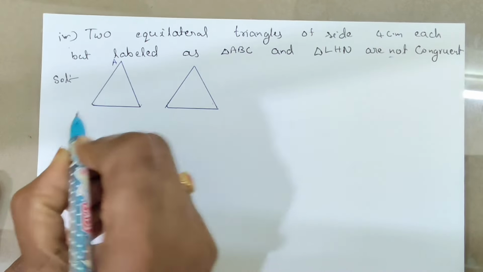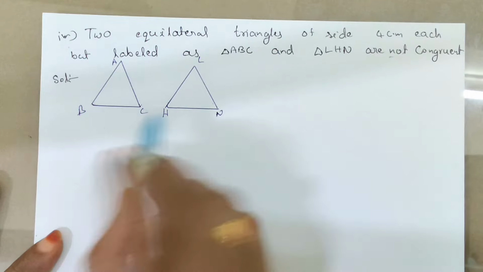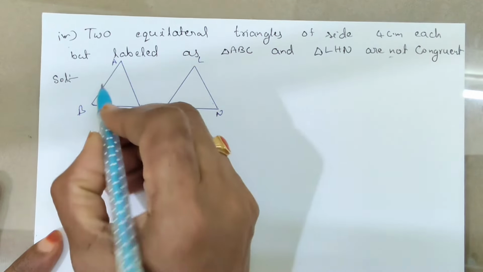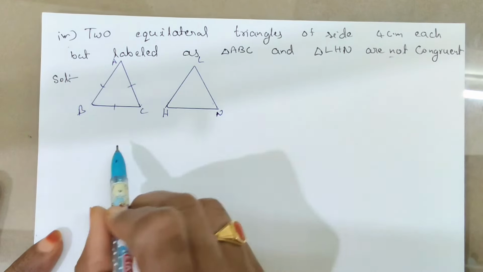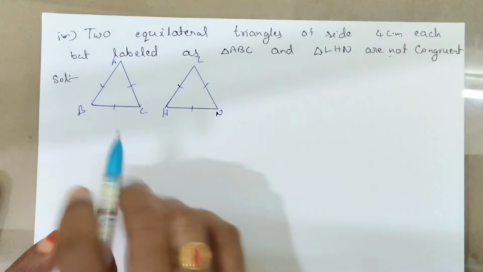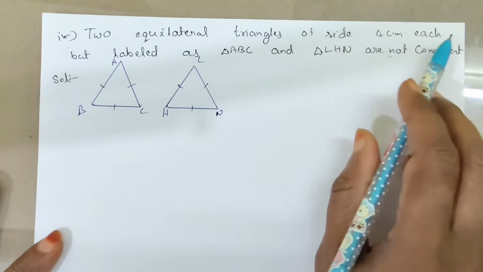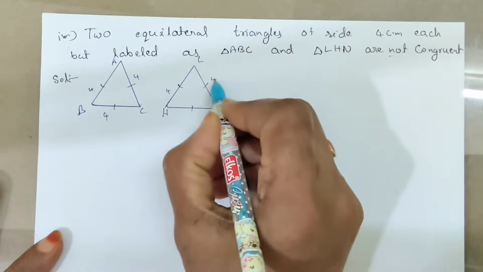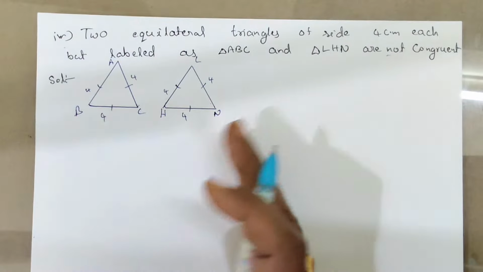So first we take two triangles, ABC and next LHN. These two triangles have sides of 4 centimeters. An equilateral triangle means three sides are equal. Each side is 4 centimeters, so automatically these two triangles are congruent.